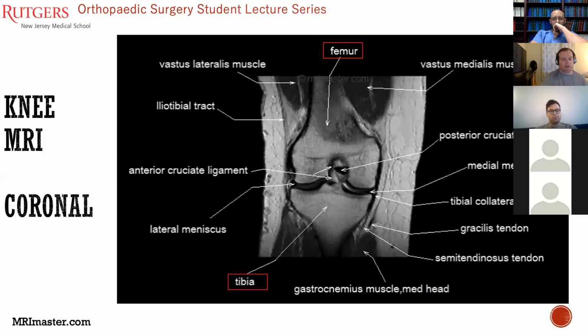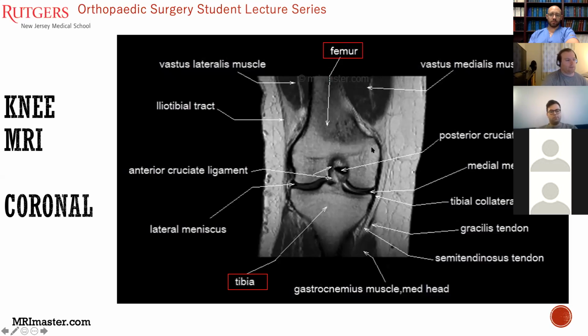The other view that we really look at in terms of the knee is the coronal image. Again, orient yourself with the tibia and the femur. Keep in mind that when you're trying to evaluate the medial versus lateral aspect of the knee, you can use the anterior cruciate ligament that attaches laterally on the femur to the medial aspect of the intercondylar groove, and the PCL starts out medially and goes laterally.